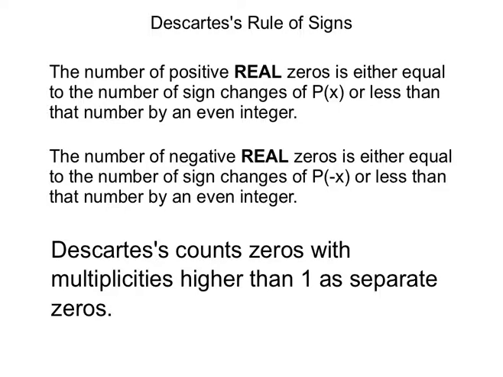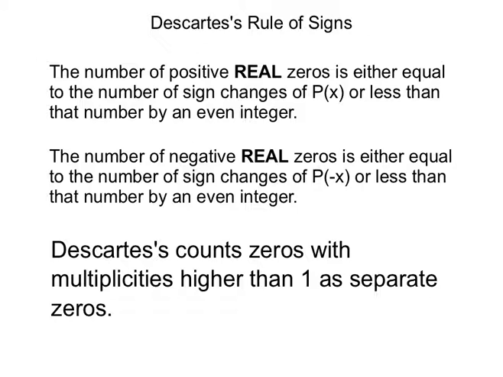Now, there's another rule that helps us called Descartes' rule of signs. It says the number of positive real roots, real zeros, is either equal to the number of sign changes of my function or less than that number by an even integer.